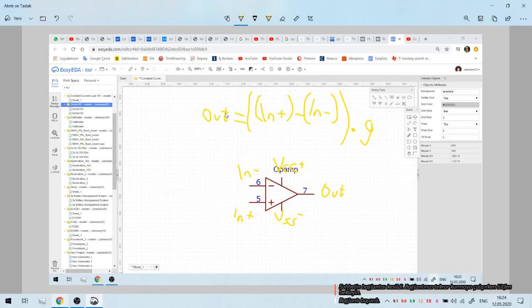This output voltage will saturate on VCC plus and VSS minus. In most of my circuits I'm using VSS to ground, so if we use here 5 volt and there 0 volt, output stays in the 0 volt to 5 volt region, not exceeding 5 volt, not going below 0 volt.